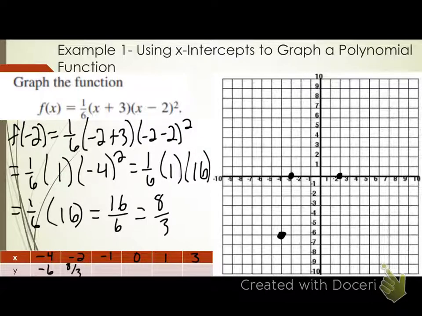So I get (-2, 8/3) for another one of my ordered pairs. 8/3 in decimal form would be about 2.67. So I'm going to go left 2, up 2.67. That'd be somewhere in this area right here. So there's another one of my ordered pairs.